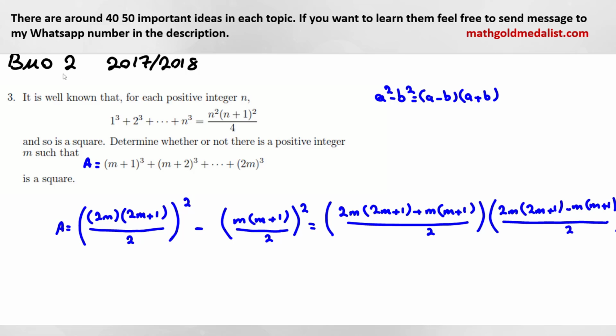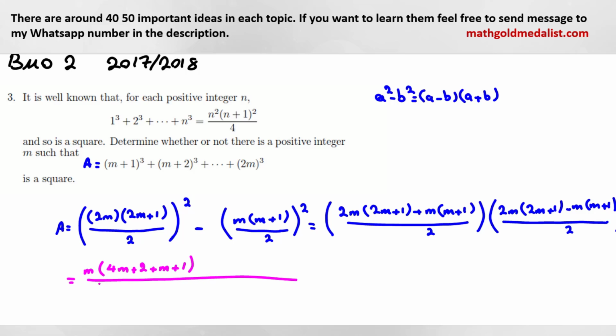Okay, then it is equal to what? We can factor out m. It will be m times what? 4m plus 2 plus m plus 1, minus 2m minus 1.